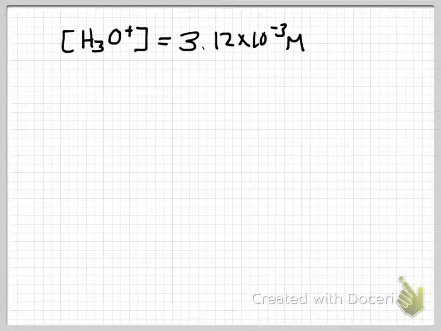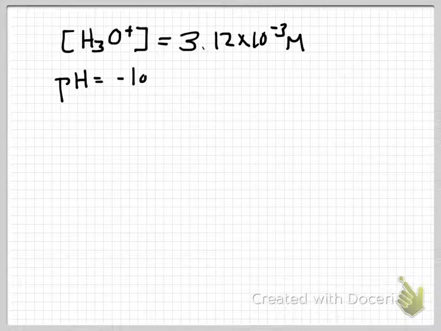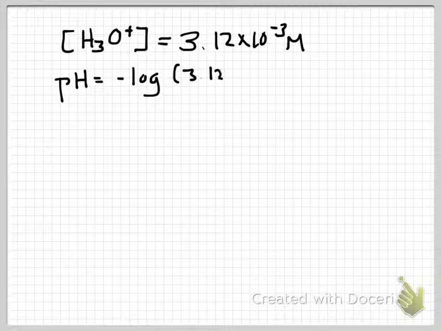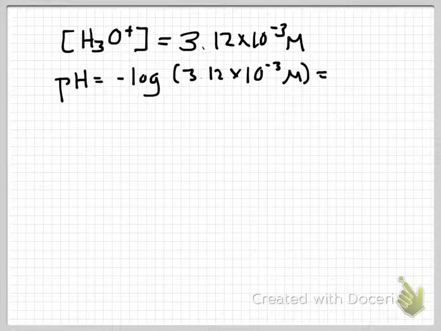From here we can calculate the pH using the formula pH equals negative log of 3.12 times 10 to the minus 3 molar, and we get a pH equal to 2.5.